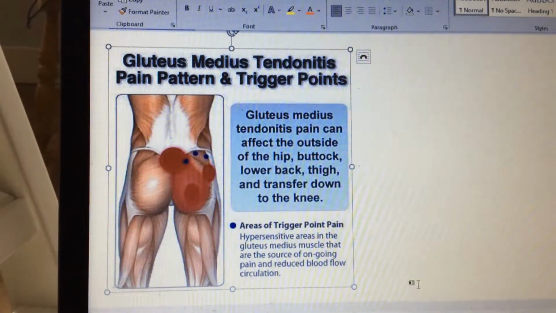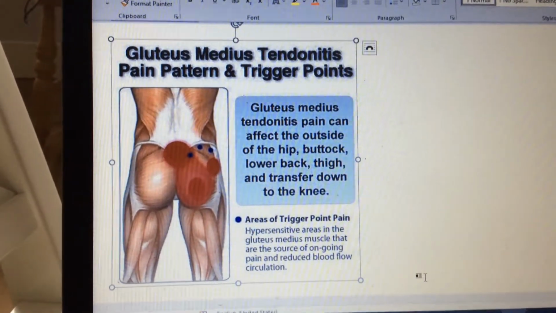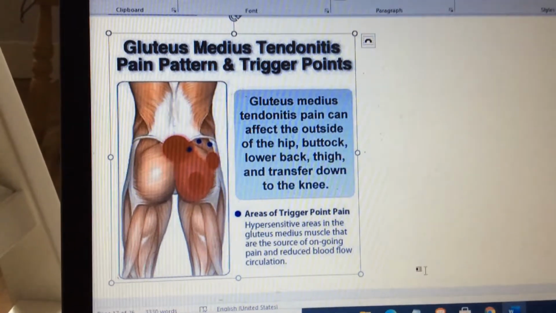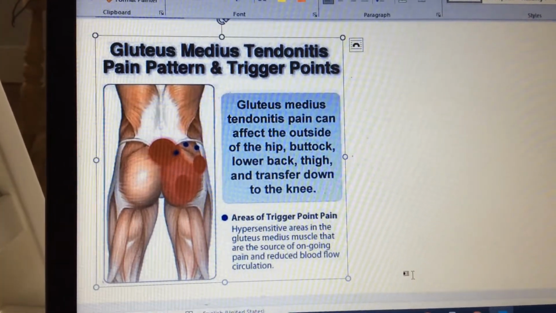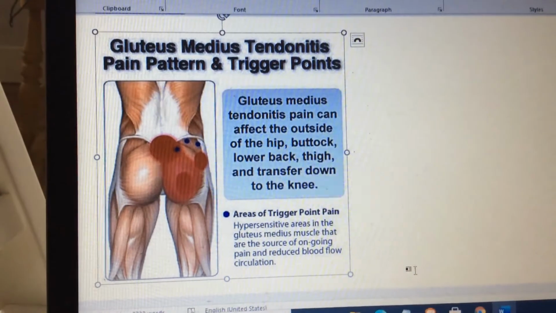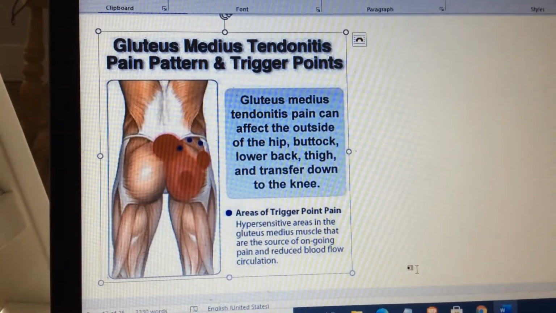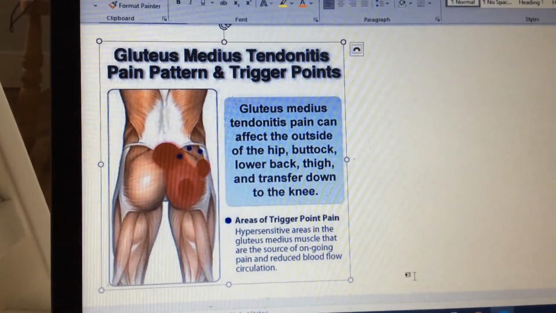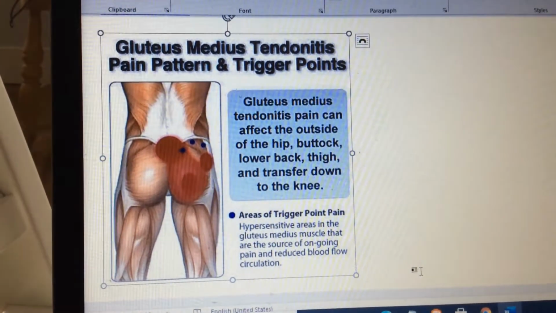So in terms of symptoms of these gluteal tendinopathies, lateral hip pain is certainly the main one, which can be worse overnight or early morning.